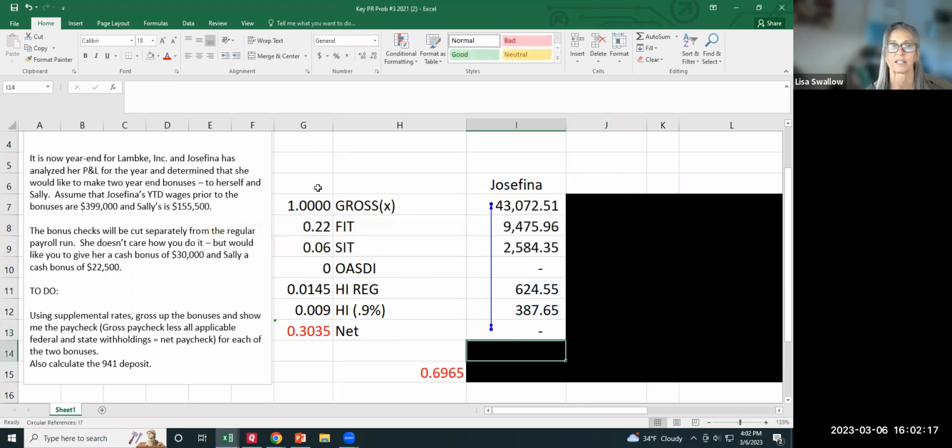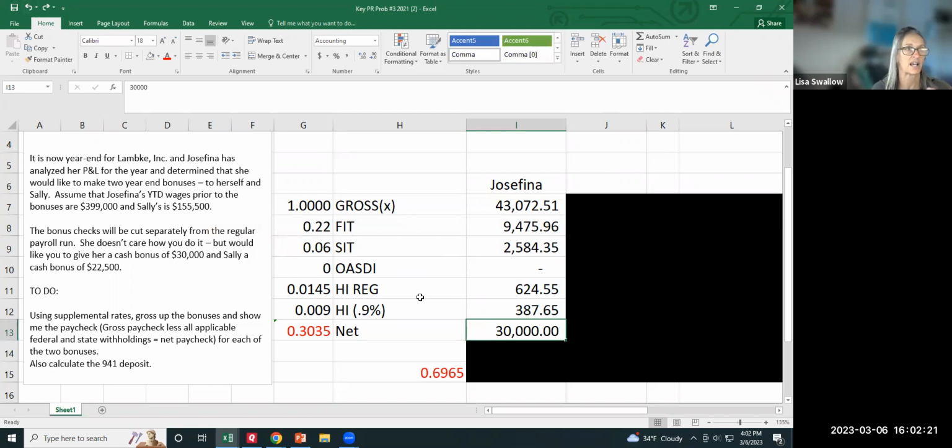Oh, I know what's going on. Okay. So a circular reference means you're using a cell twice within a formula. So the 30,000 is divided by 0.6965 to get up here. And then I'm using that again to sum it. So I can eyeball this and see that it ties out.